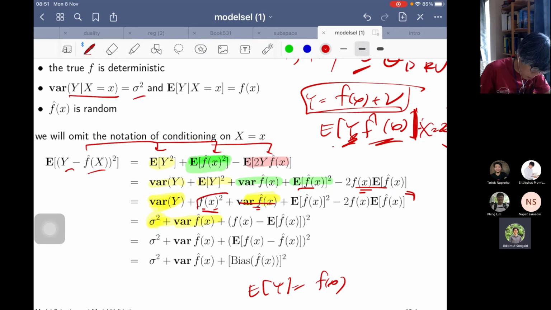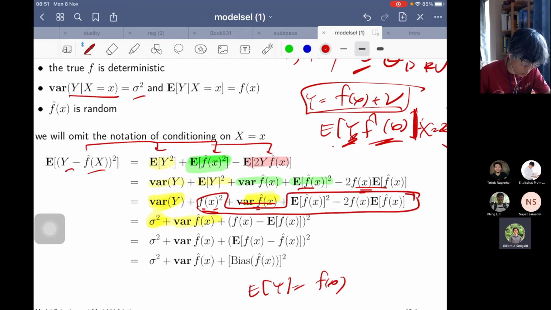It can be combined and complete the square. You can complete the square into f(x) squared, expectation of f hat squared, and the cross term.